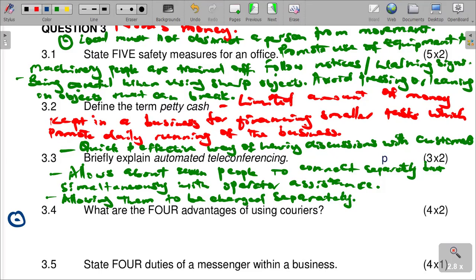So one of the reasons is that couriers are very fast and effective.